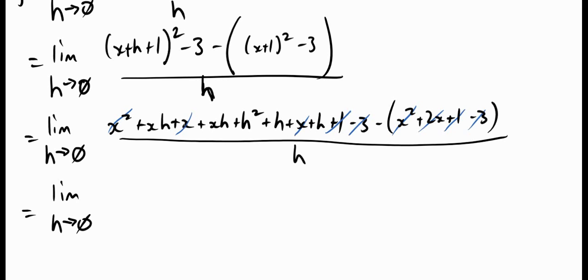Think I've got it. So I've got h squared plus xh, so plus 2xh. And then 2 h's, plus 2h. Yep. I did that in my head.